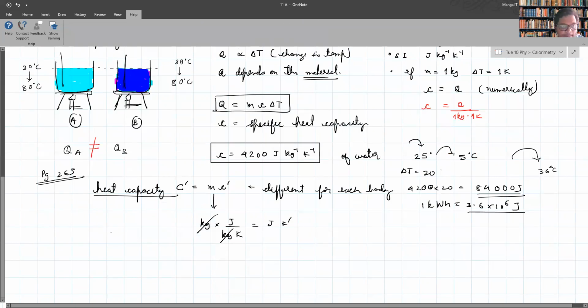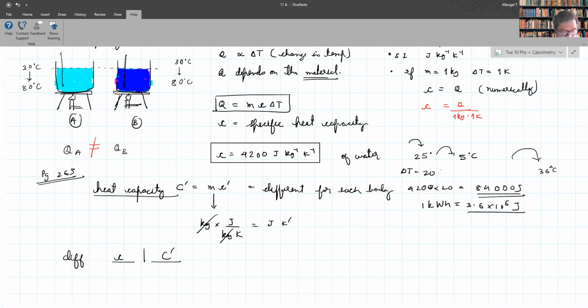So specific heat capacity is for raising 1 kg by 1 degree Celsius, and heat capacity is for the whole body. You will not use the word unit mass, we'll use the word body. The difference between specific heat capacity and heat capacity is generally asked, so that is a part of this.